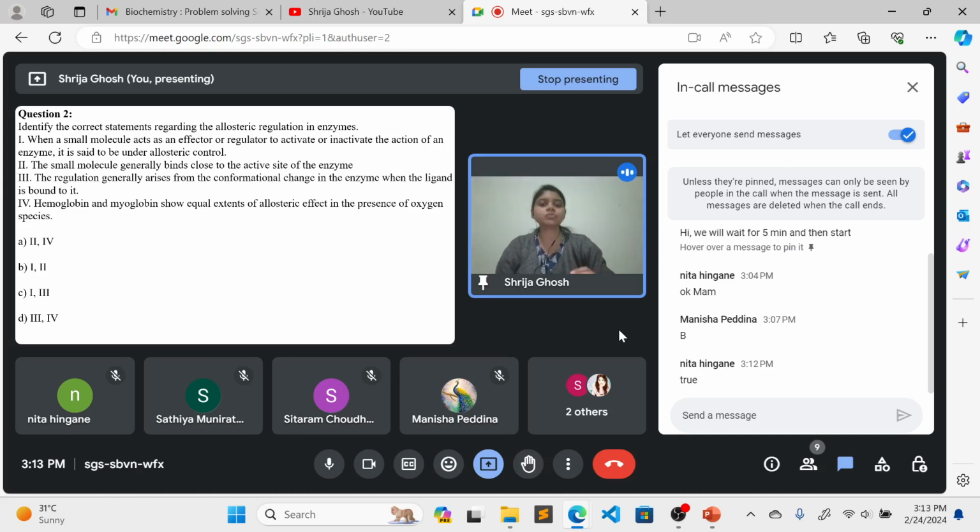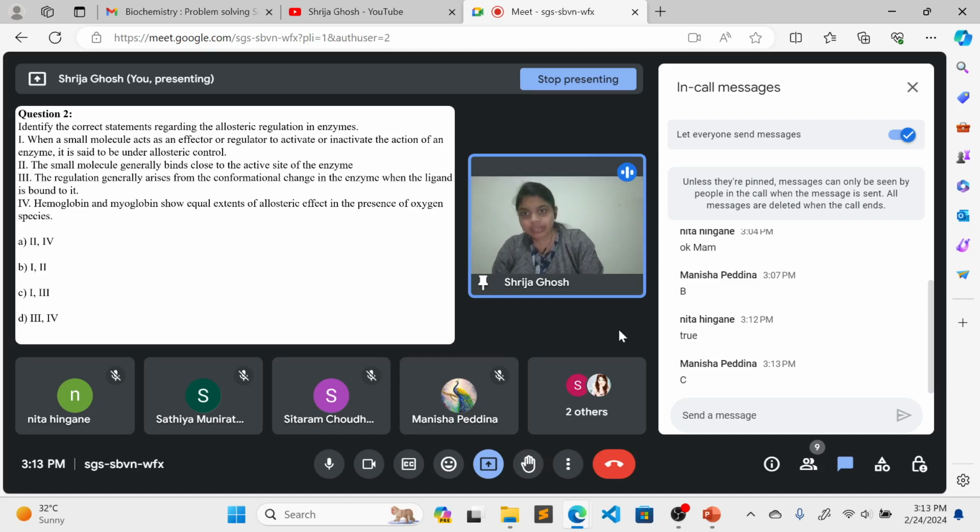If we have a small molecule that can regulate the enzyme mechanism, if it can activate or inactivate the enzyme, in that case the enzyme is said to be under allosteric control. Such molecules that bind to the enzyme and regulate it are called allosteric molecules, and they bind to an allosteric site of the enzyme. Okay, Manisha has answered. Option C is the correct one.